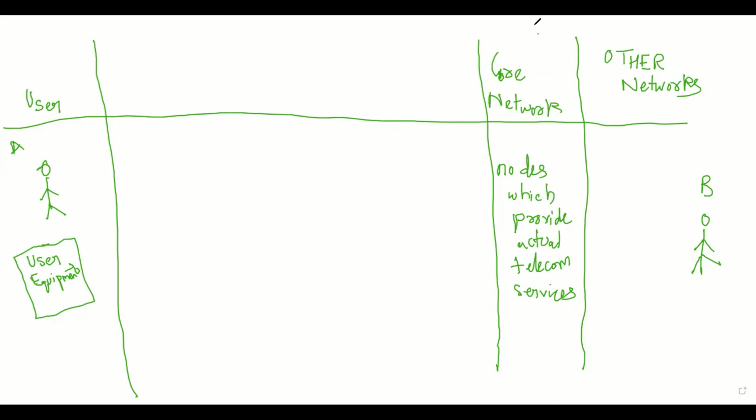And from the perspective of this network, which is serving the user A, the network that is serving user B is another network, right? So, all right.